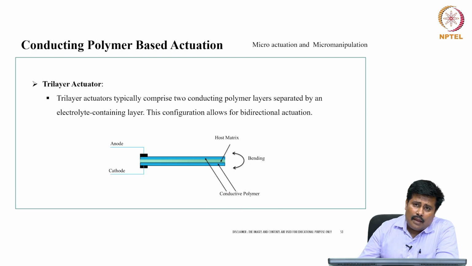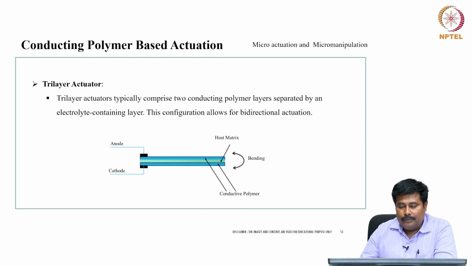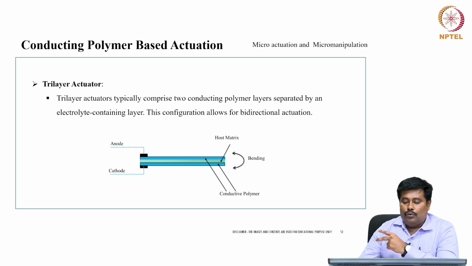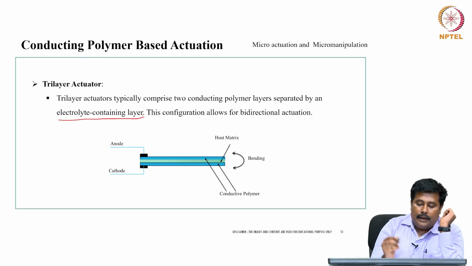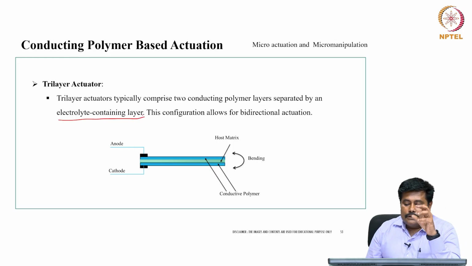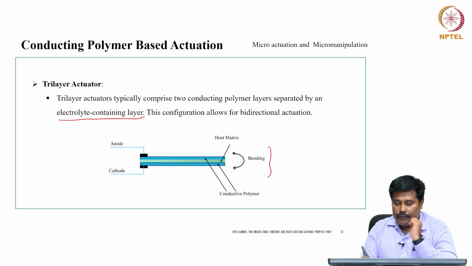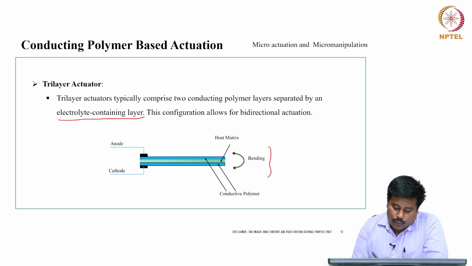Next, we have a tri-layer actuator. The tri-layer actuator typically comprises two conducting polymer layers separated by an electrolyte containing layer. This configuration allows for bidirectional actuation. In this configuration, there are two conducting polymer layers available, and in between we have a host matrix.